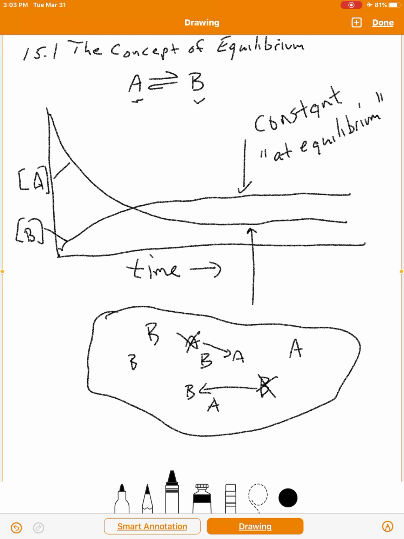A's are getting converted into B's, and B's are getting converted into A's. And that's what we believe happens at the molecular level. When a system reaches equilibrium out here, meaning the concentrations aren't changing anymore, it's not because it just stopped reacting. It's because the A's are getting converted into B's at the same speed that B's are getting converted into A's. So to us, it appears as though nothing's happening, but at the molecular level, there are things occurring, right?